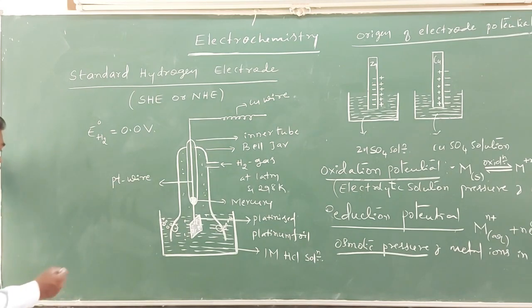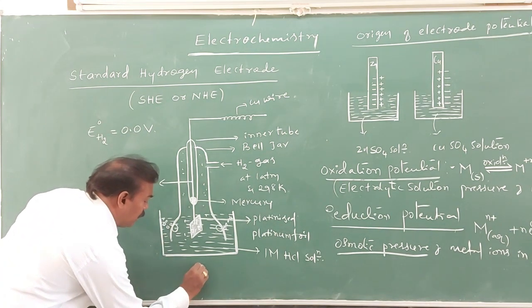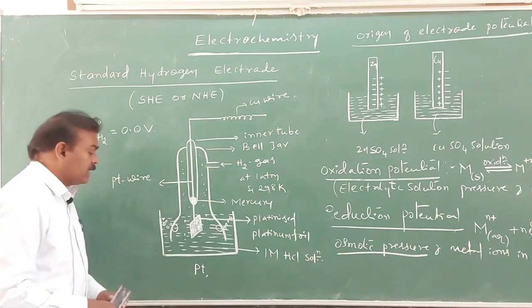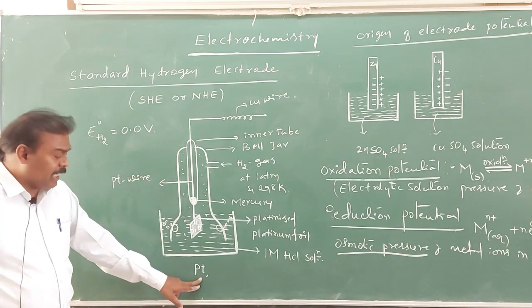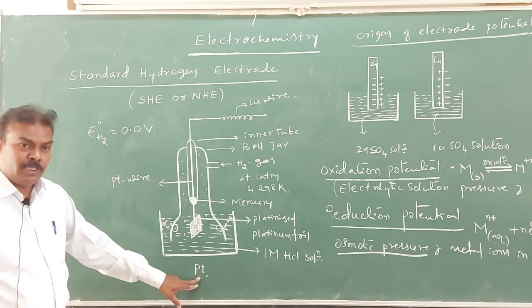Now, this standard hydrogen electrode is represented in this manner. First of all, this is platinum metal. It is a neutral one, not involved in the reaction, meaning this metal is very least reactive in nature.